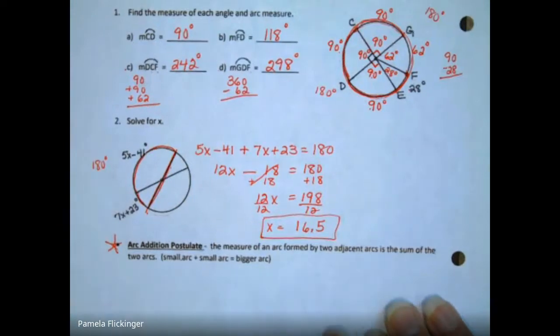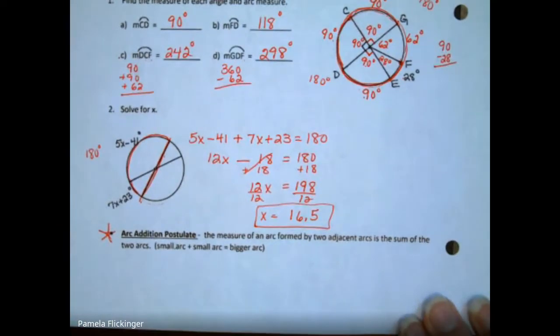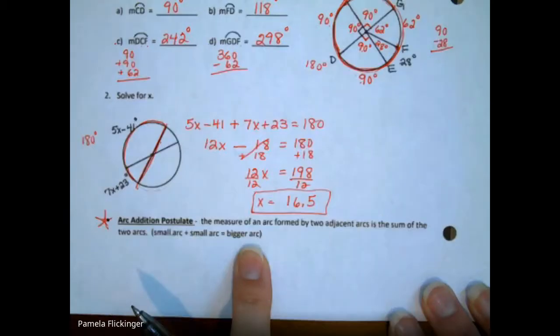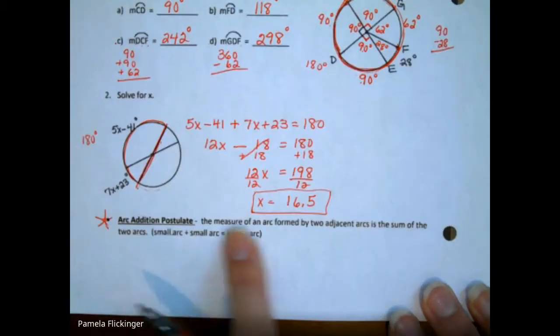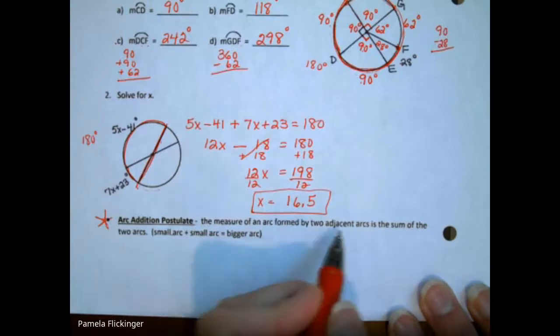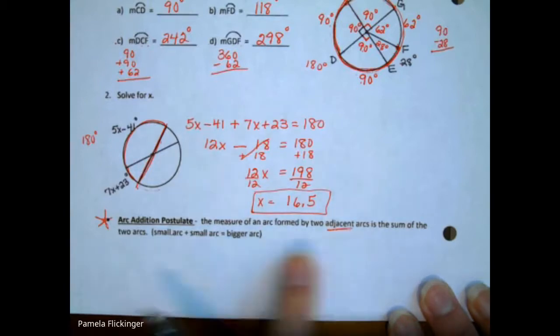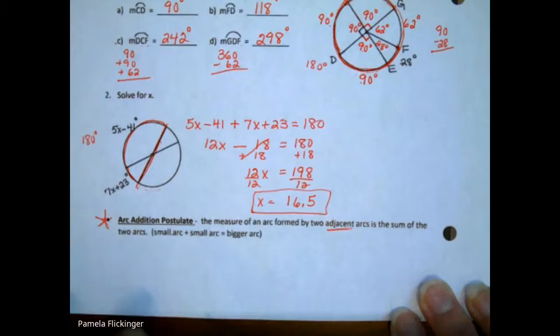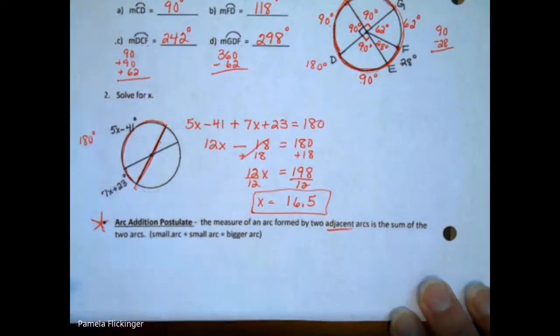You remember way back at the beginning, we had a segment addition postulate, and we had an angle addition postulate, which basically said small part plus small part equals the big part. So it works the same in a circle. The measure of an arc formed by 2 adjacent arcs, so these two need to be side by side, is the sum of those 2 arcs. So small arc plus small arc will equal the bigger arc. Okay. All right, so that's some work with central angles.